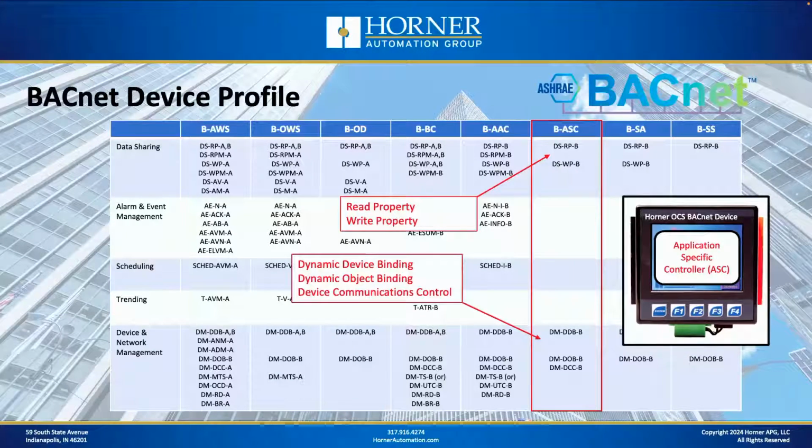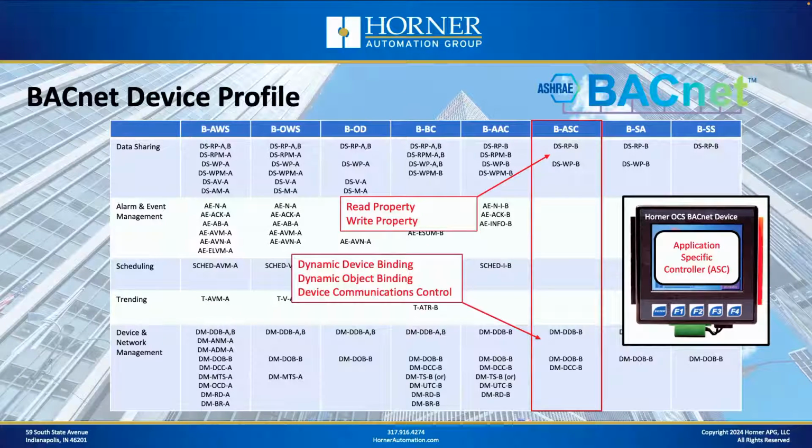So if you look across the top, or the column headers, if you will, on this chart, those are the different device profiles, the 8 different device profiles that are available in BACnet. And if you look down the rows along the side in column A, those are the different interoperability areas.